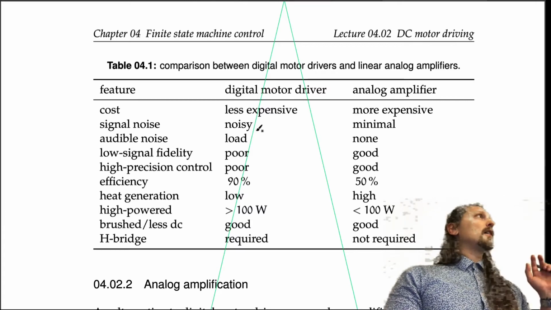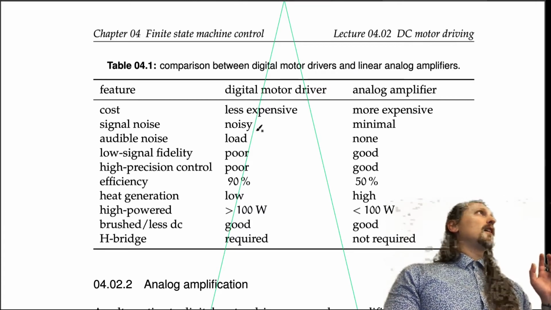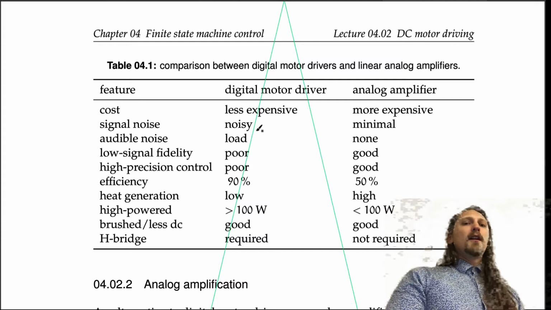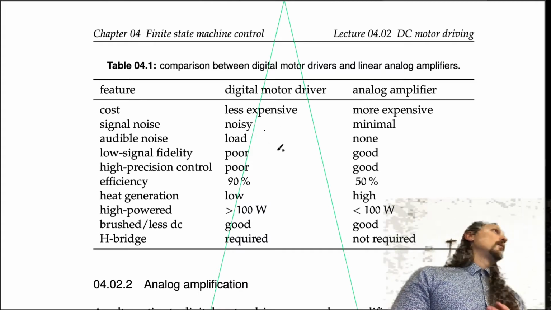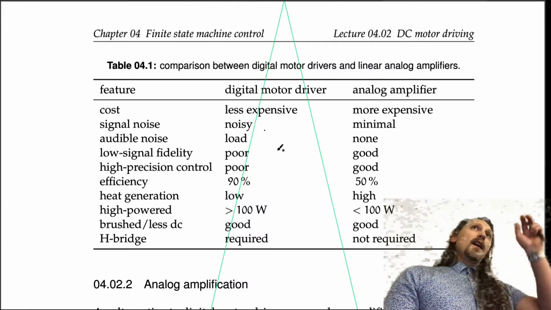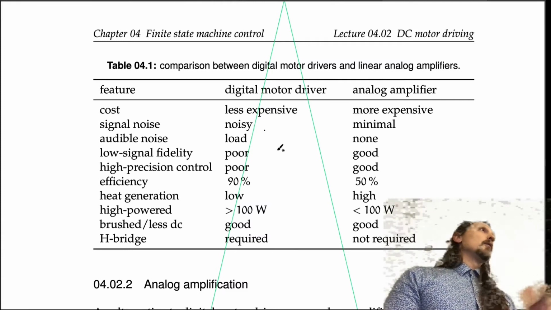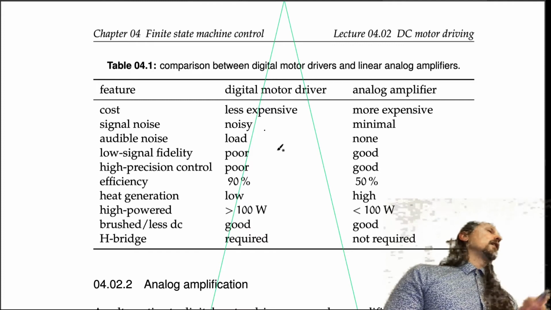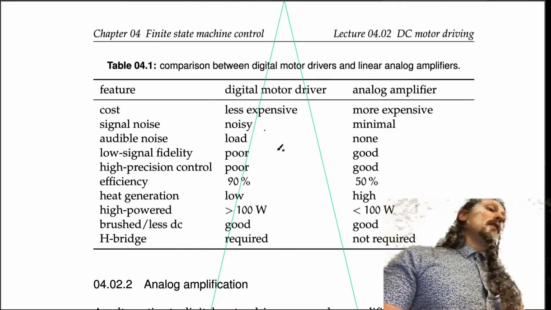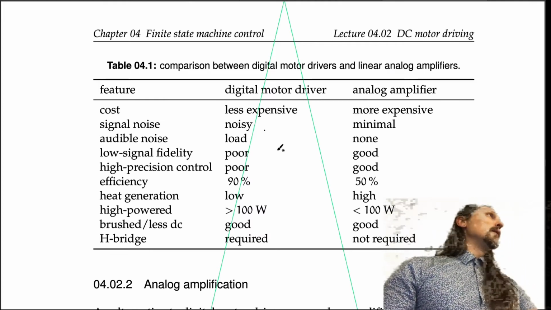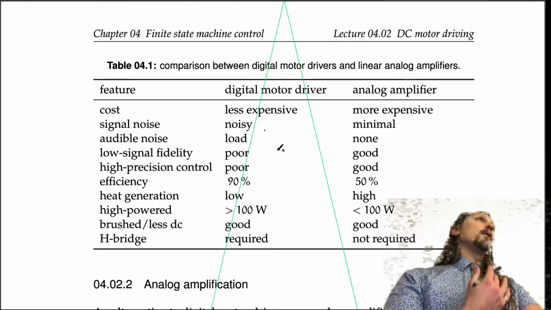If you include switched supplies, digital motor drivers, in your system, you're going to have lots of high frequency stuff showing up in all the measurements that you're taking. That can include measurements of what the motor's doing, or any measurements that you may be interested in. Probably that noise is going to get in.